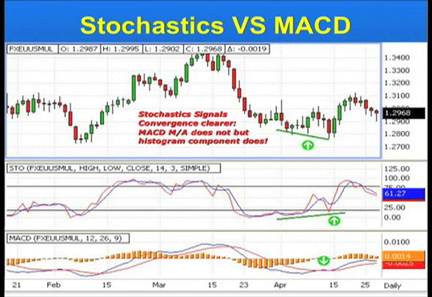MACD is a two-part function: A, to look at market reversals, as well as the histogram, which helps us to identify what we call the zero line, and this is a zero line. You'll notice that the orange bar trades and crosses above and below the zero line, and it generates buy and sell signals when the market trades above or below that zero line.